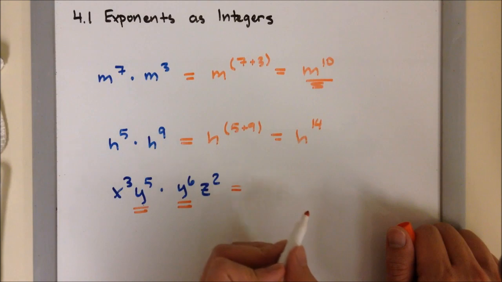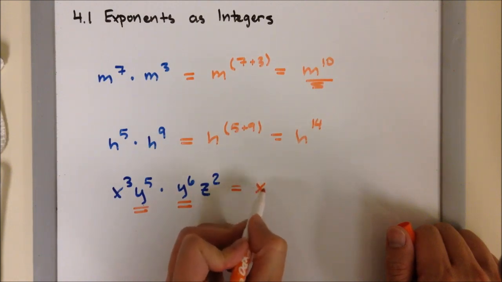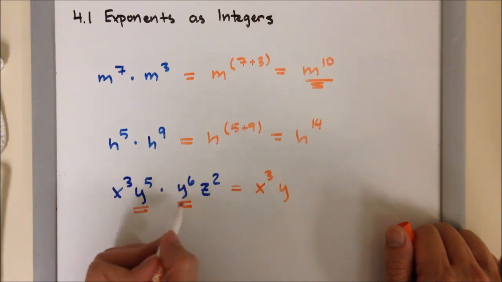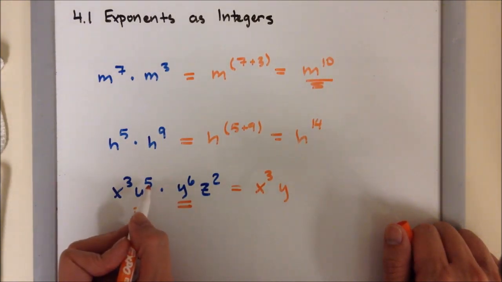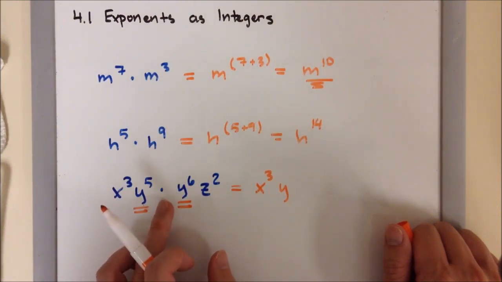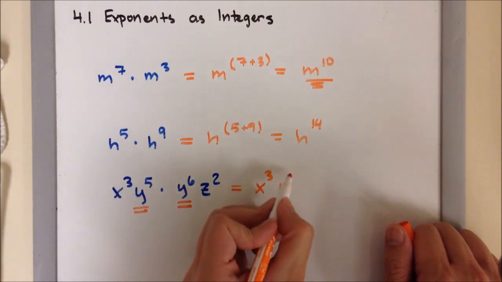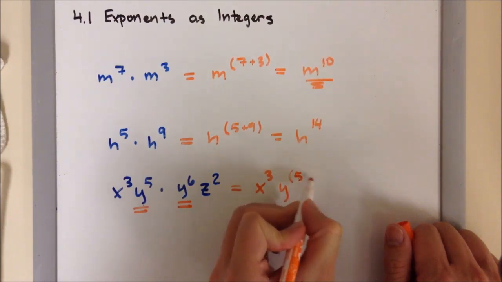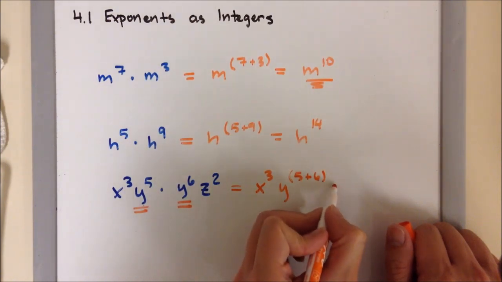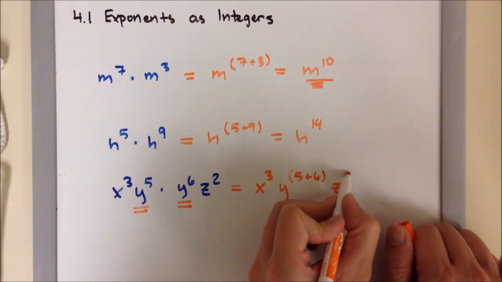So putting it in alphabetical order, x to the 3rd power, my y, since there's the same base of y's, but my exponents are different, so 5 and 6. So again, it's multiplying. I'm going to add the exponent. So 5 plus 6, and then z will stay the same, so z to the 2nd power.